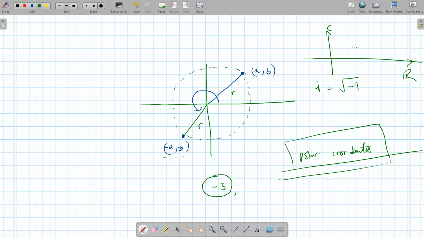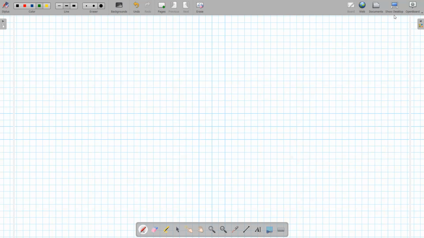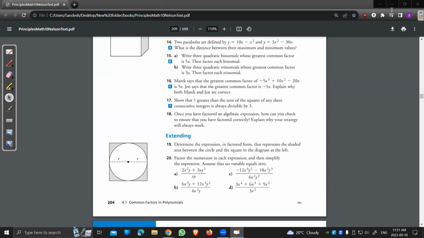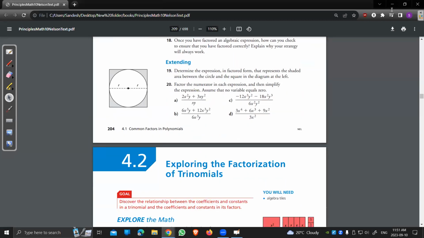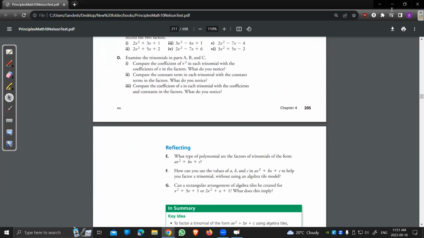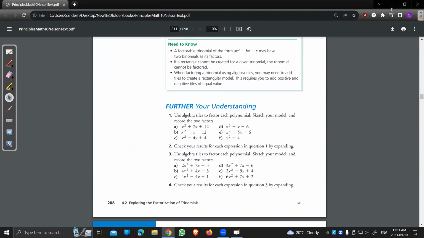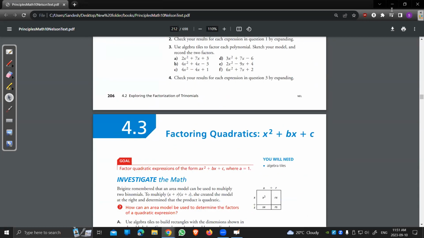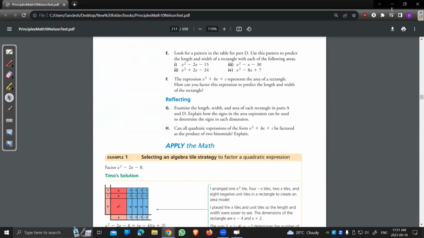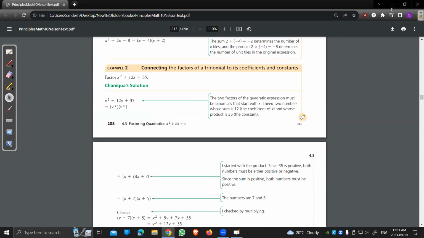Similarly, you have something called polar coordinates, which we will do maybe if we do trig at the grade 12 level. In there, the radius can be technically negative. It just means it's a distance in the third or the fourth quadrant. We've done so much of this. I don't know how deep I want to get with this.